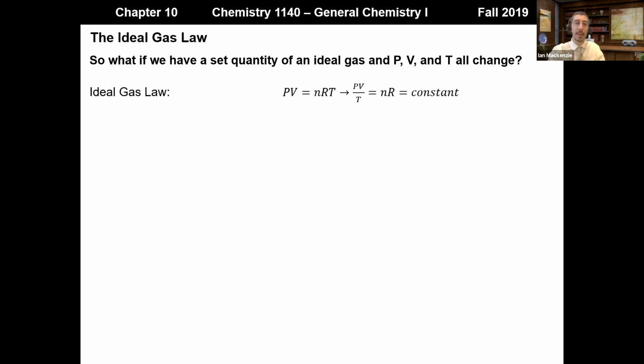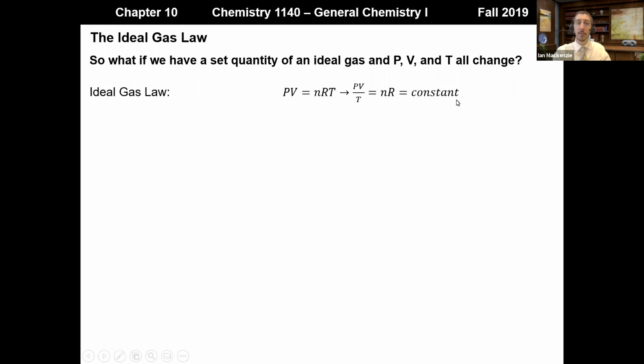So we can take the ideal gas law, and note that a set quantity means that n, the number of moles, is constant. R is already a constant, so we can rearrange this equation to have pressure times volume over temperature equal to nR, and if n is held constant, then this is just a constant.